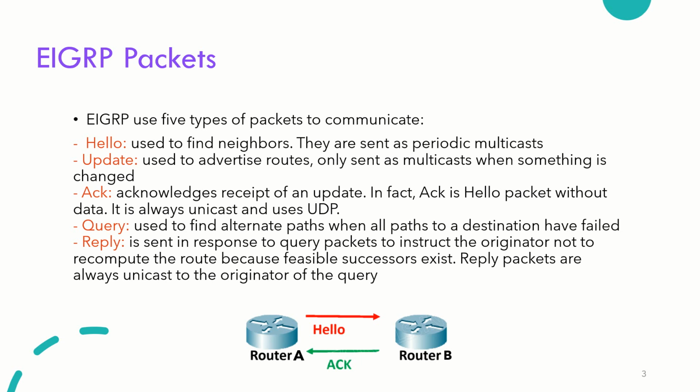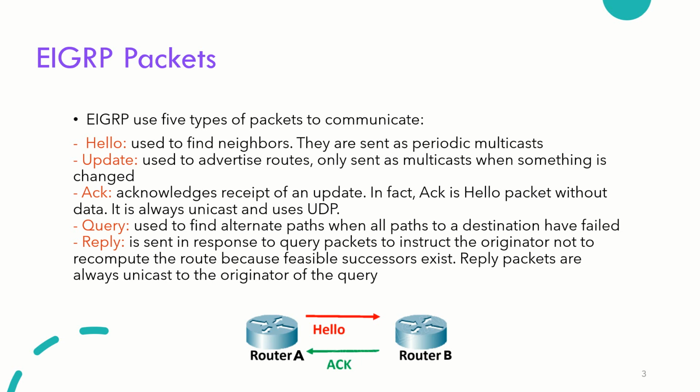First, in this figure, router A says, anyone running EIGRP here? with a hello packet. With the hello packet, router A sends hello to router B and other neighbors and tries to find neighbors.